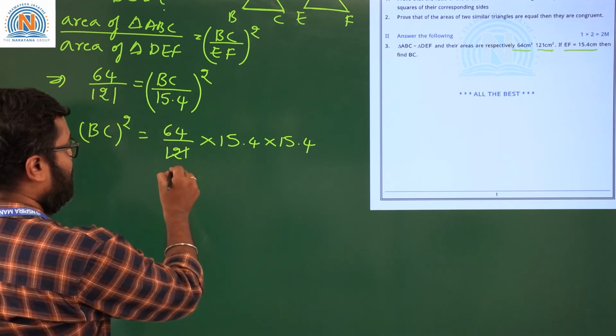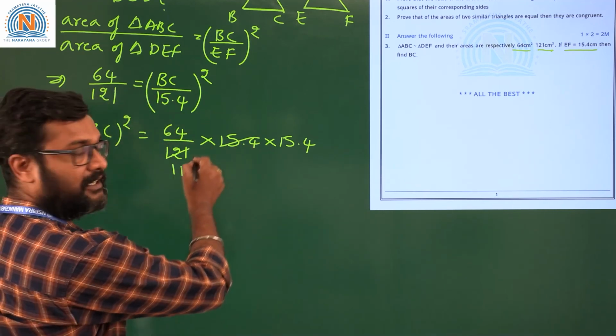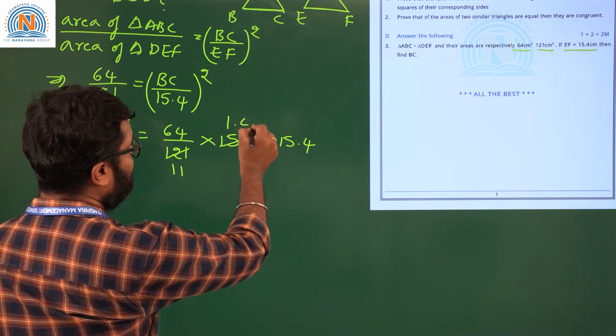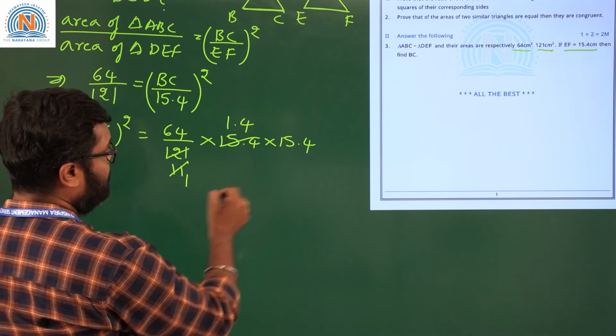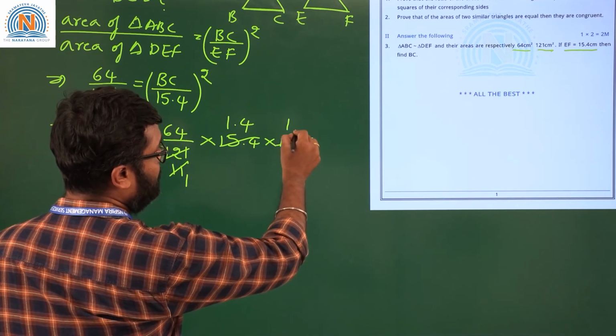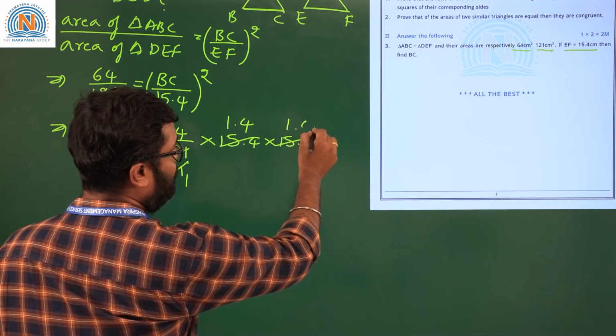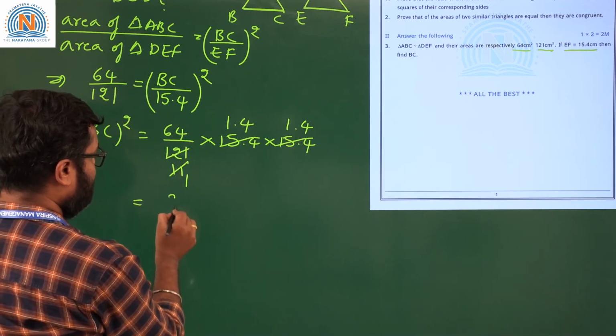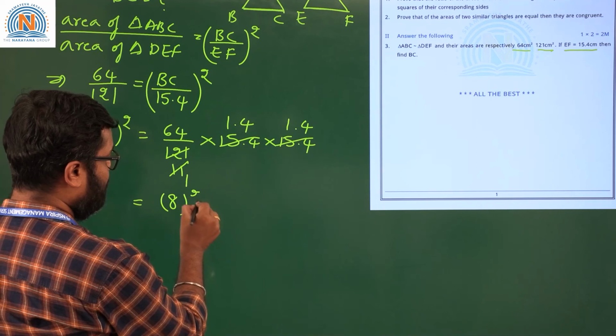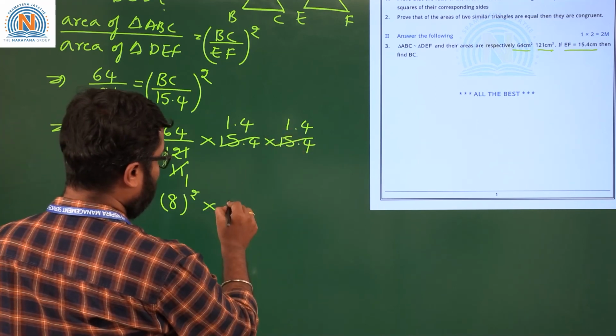So here 11 11s are 121 and 11 1s are 11, and 44 is there, 11 4s are 44, and again 11 1s are 11, 44 is there, 1.4. So here if you take this 64, we can take it as 8 whole square into this 1.4.